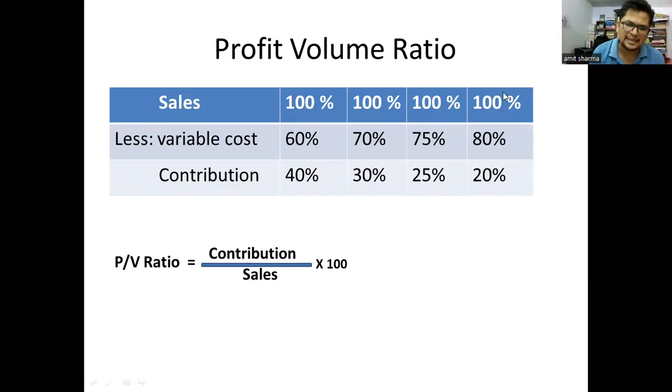So we can say that the presentation of contribution in the form of percentage is known as a PV ratio, and the presentation of PV ratio in the form of amount is known as a contribution.